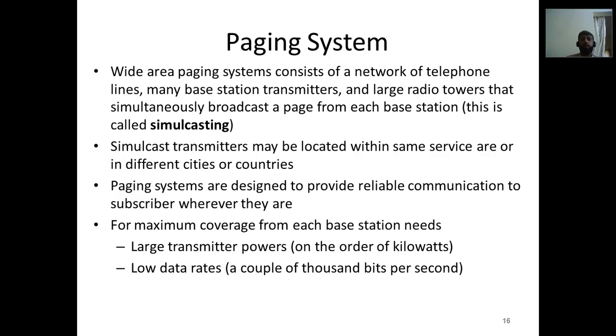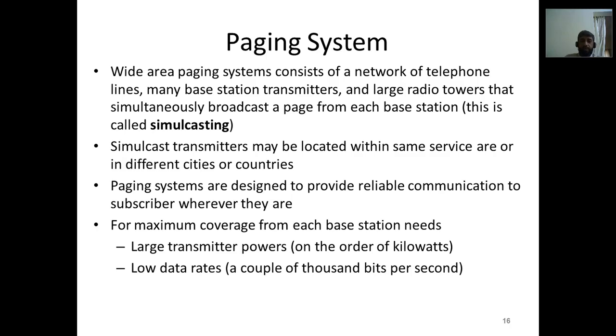Generally the paging system controller gives the information to all the base stations available in that region, and those base stations simultaneously broadcast the information that is received by each subscriber. This is called simulcasting, because the information is simultaneously transmitted in the region. Simulcast transmitters may be located in the same city, they may be located in different cities, or sometimes they may be located in different countries.